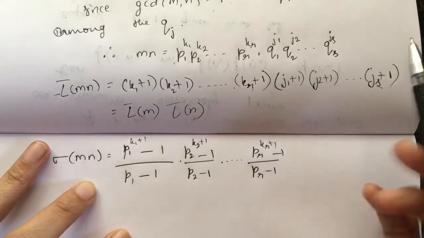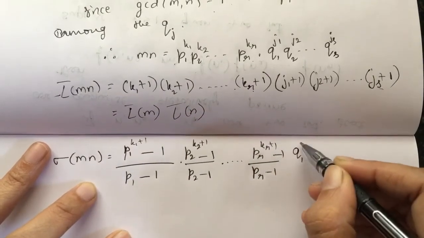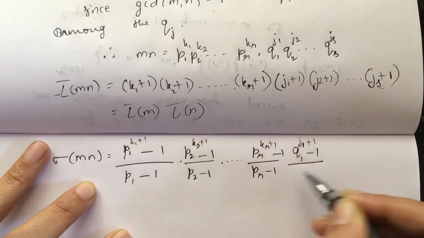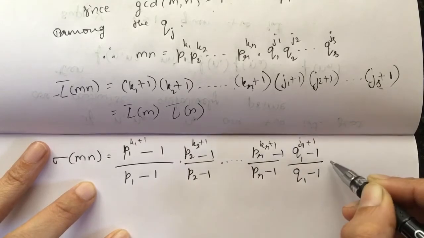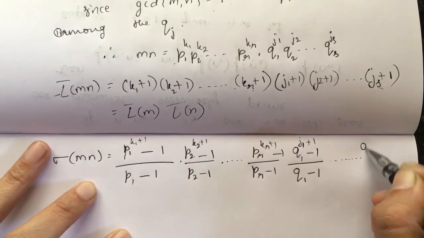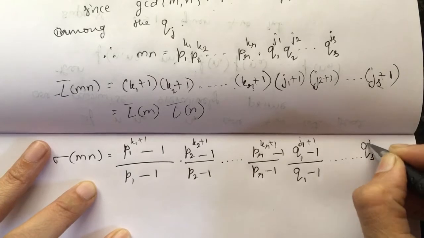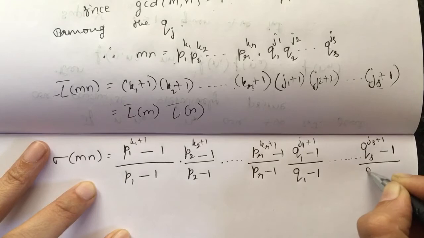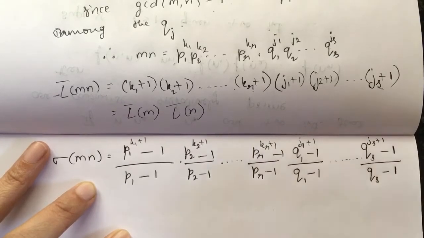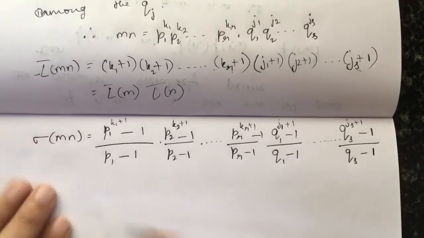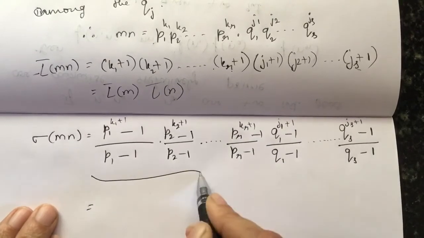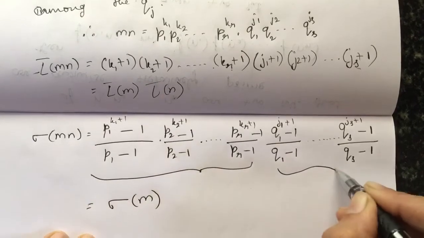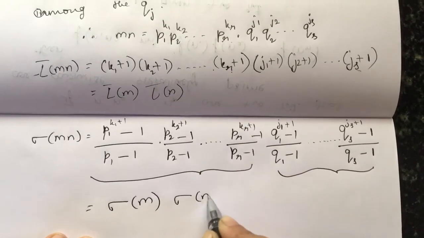Now for this part I have to write q1 power j1 plus 1 minus 1 divided by q1 minus 1, into up to qs power js plus 1 minus 1 divided by qs minus 1. When you look at this, the first part is nothing but sigma of m and the second part is nothing but sigma of n.